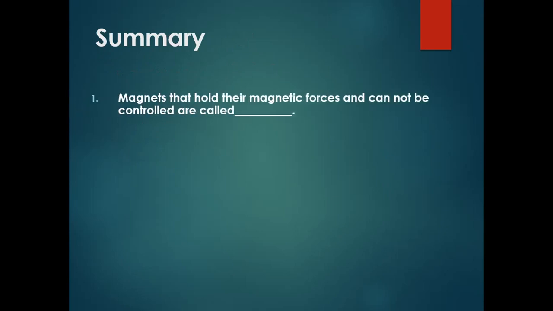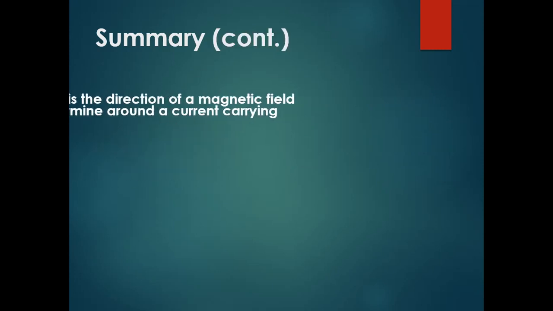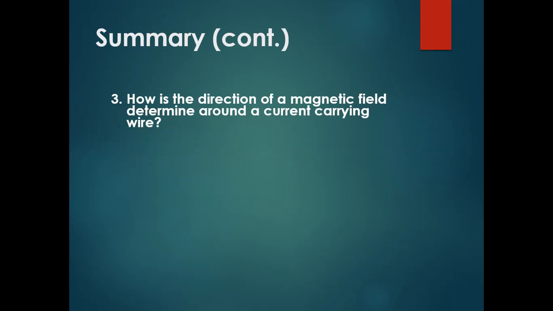Now, some questions for you. Magnets that hold their magnetic force and cannot be controlled are called permanent magnets. The region around a magnet or a current carrying device where magnetic force is observed is the magnetic field.